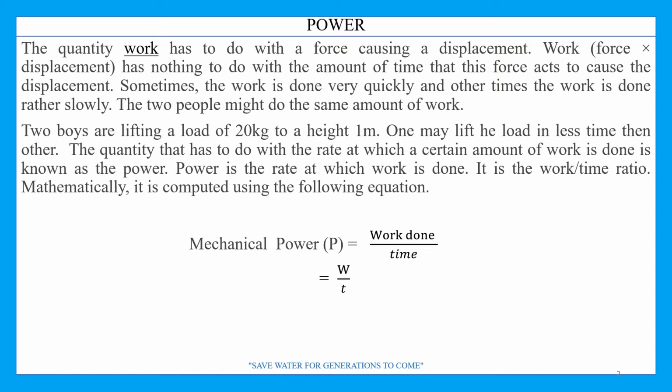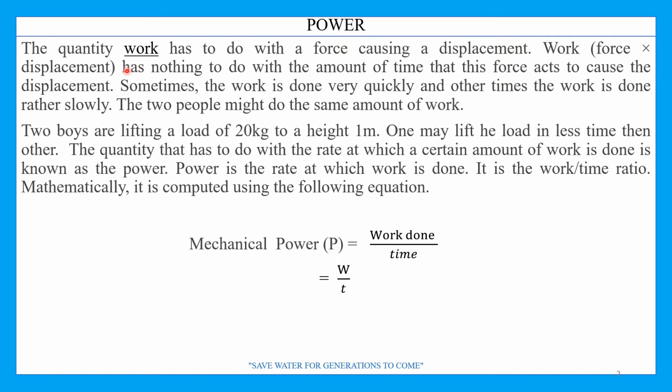And here we know that work is said to be done when force is applied on a body and the body undergoes a displacement, right? So here we know that when work is done, we have nothing to do with time, that in how much time the work has been done. Only work should be done, right? Sometimes work is done very quickly, sometimes work is done rather slowly.